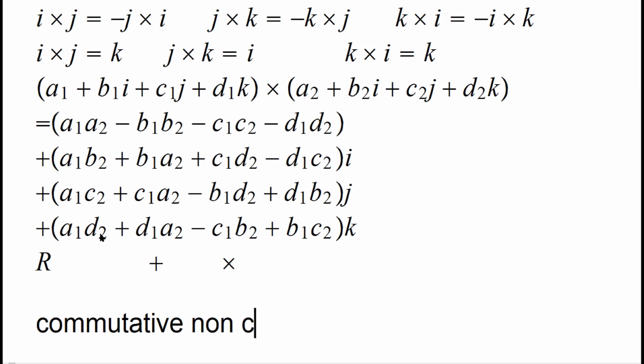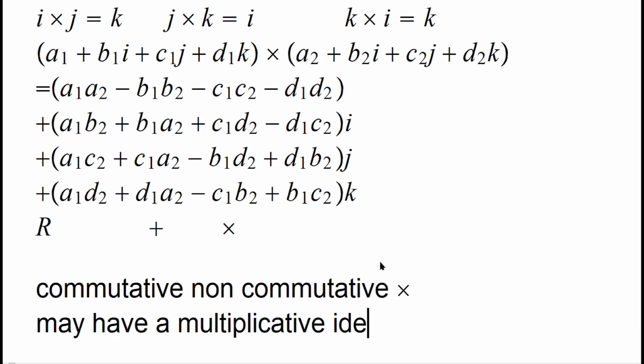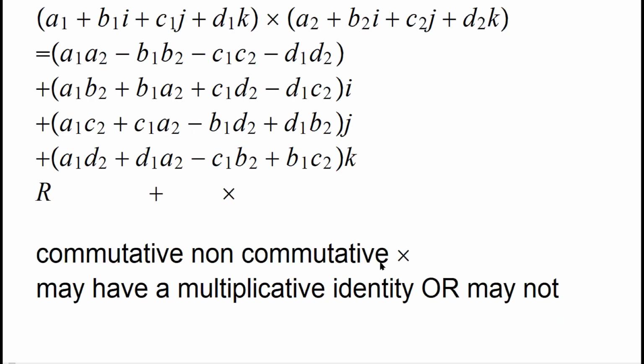It depends on the multiplication, because with respect to addition, it does have to be abelian, that is, commutative. A ring may have a multiplicative identity, or may not, and in general, there is another thing.